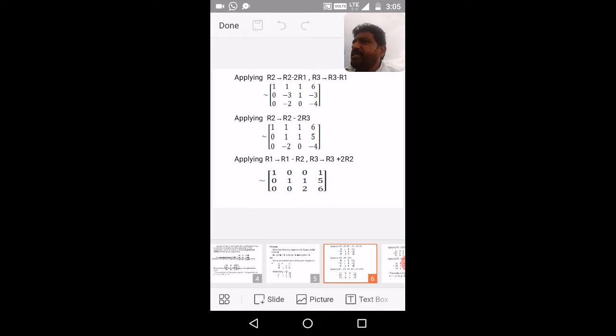By selecting suitable row operations, make them 0. Because finally in the reduced form of that augmented matrix we are having the first column as 1 0 0. So after getting 1 at the first row first element place, you have to change these elements to zeros.